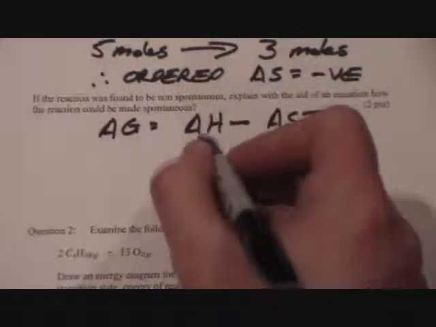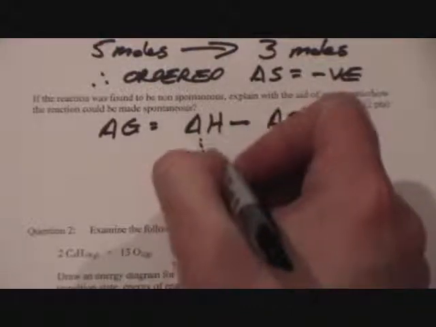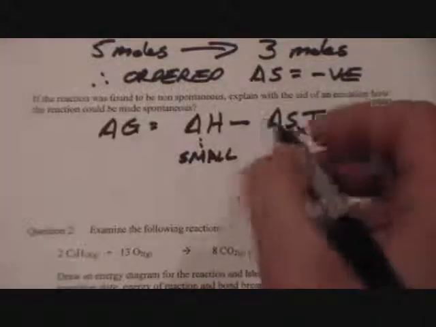So we want this value from the enthalpy to be small. We want this value from the entropy multiplied by the temperature in Kelvin to be large.